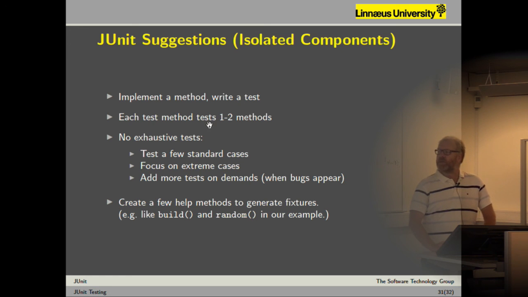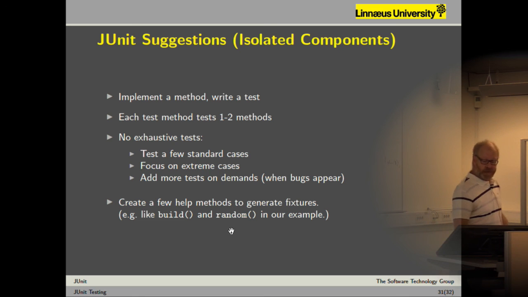Each test method tests 1 or 2 methods depending on the complexity of the methods. Don't use any exhaustive tests. Test a few standard cases, focus on extreme cases, and add more tests on demand when bugs appear. And don't hesitate to create a few help methods to generate input data, like build and random in my example.